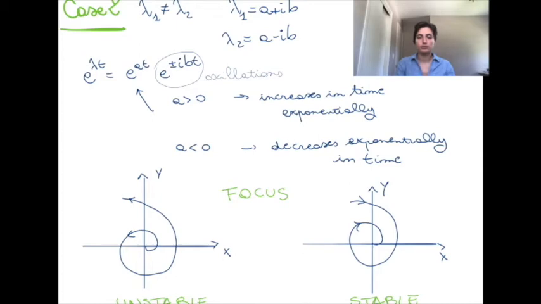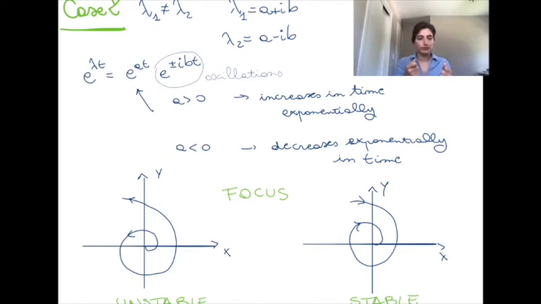The exponential of the imaginary part gives us oscillations, while the exponential of the real part changes very fast: either it explodes when a is bigger than 0, so there is an exponential increase in time, or when a is smaller than 0, there is an exponential decrease in time.